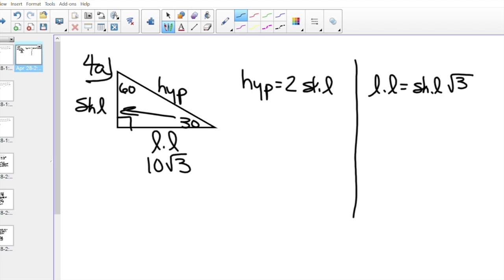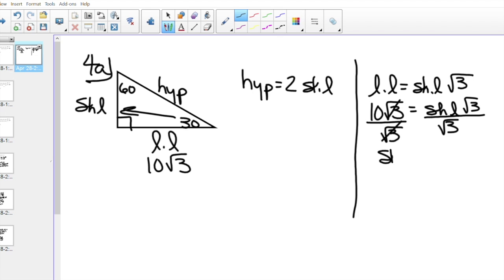In this case, the longer leg is 10 on the square root of 3. So replace it. Divide by the square root of 3 on both sides. Then the square root of 3 cancels, so the shorter leg is equal to 10.